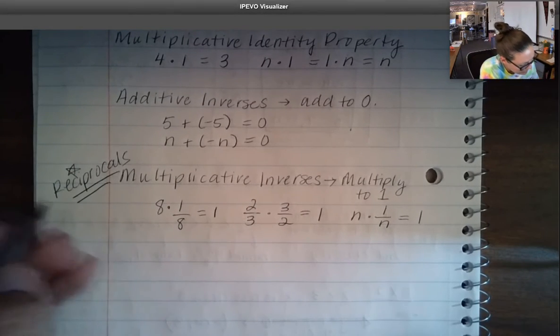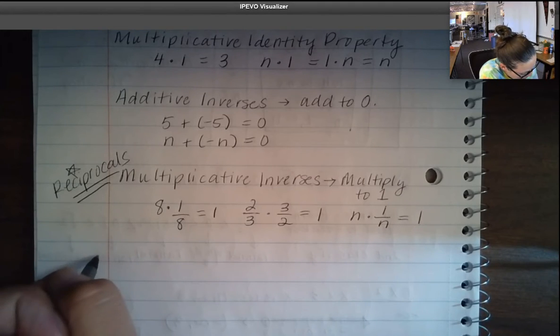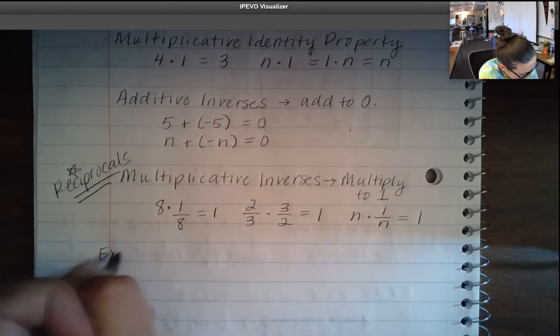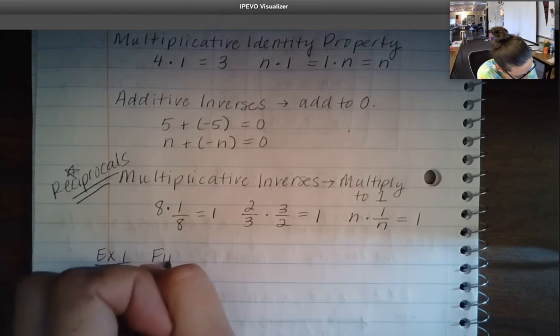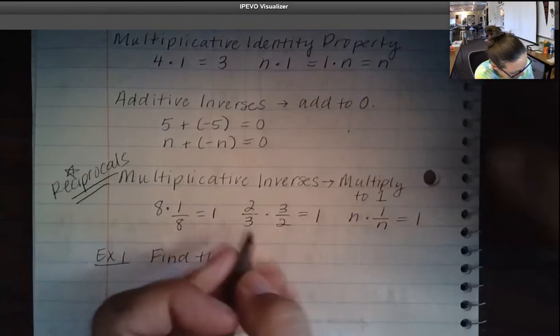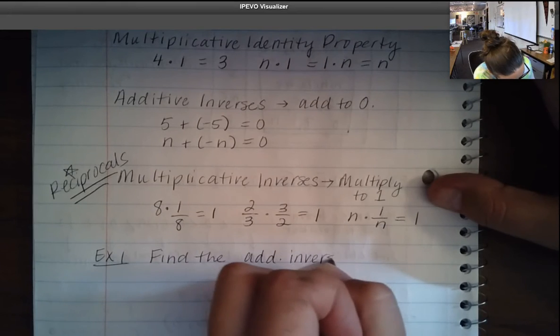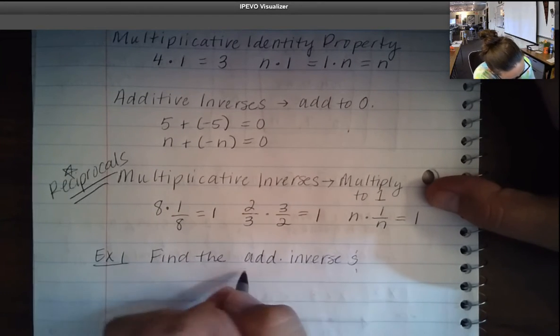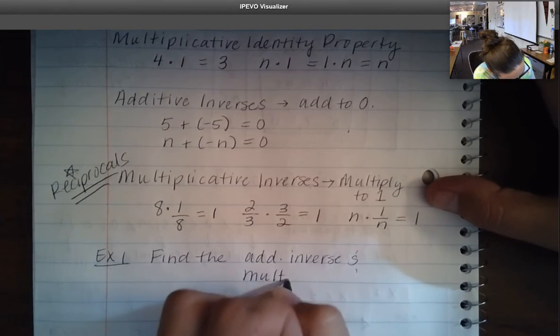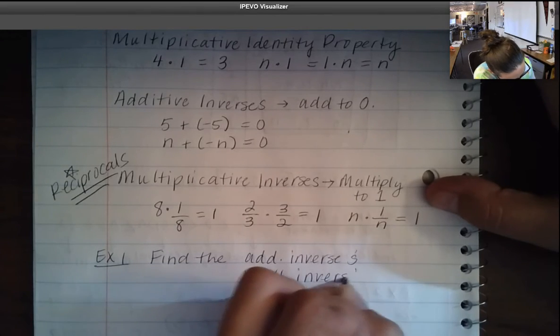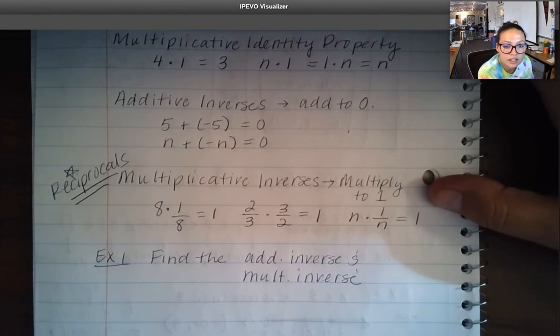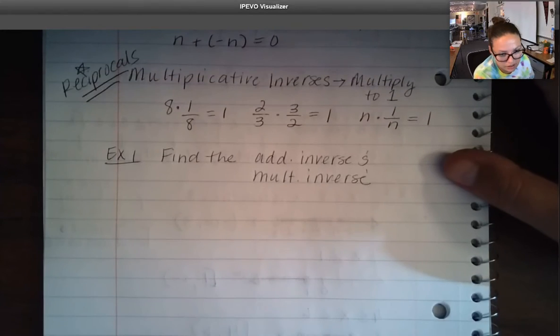Okay, let's try some examples here. So, example 1, we're going to find the additive inverse and the multiplicative inverse of each number. And I'm just shortening it because I don't want to write it all out again.